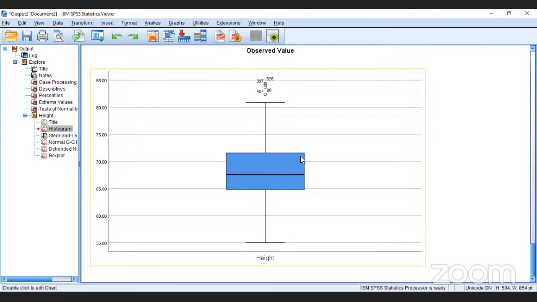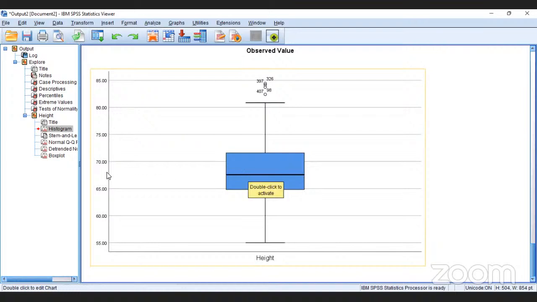Now, there are some key things that you see from here. The dark line at the center, not necessarily at the center, tells us where the median of our data is. So this line represents the median.